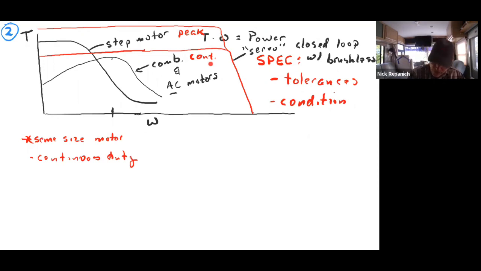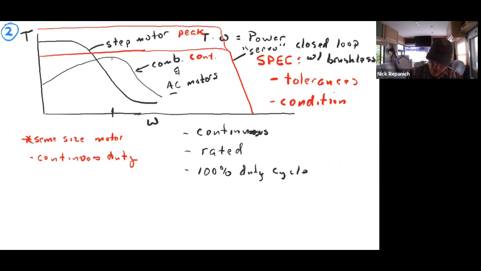Other names for continuous: sometimes it's called rated. When you see rated, sometimes it's called 100% duty cycle. Sometimes they'll call this the RMS torque.